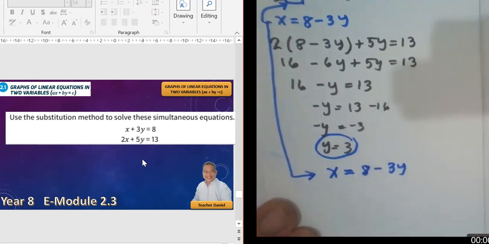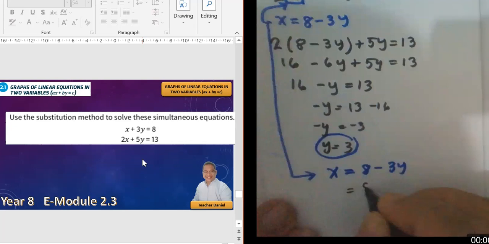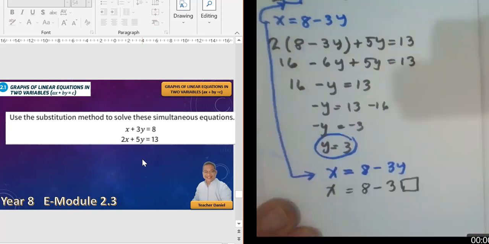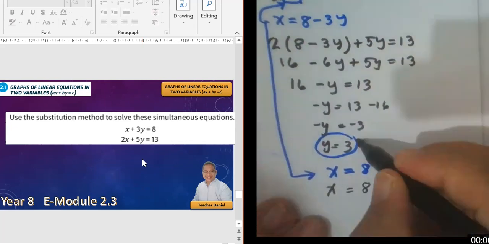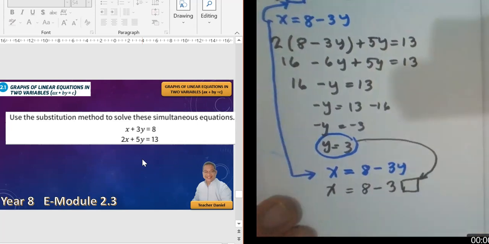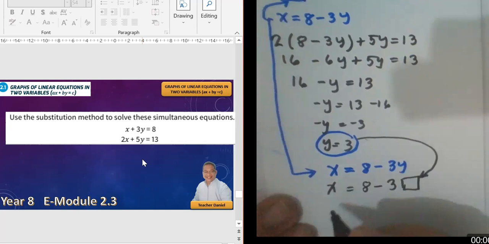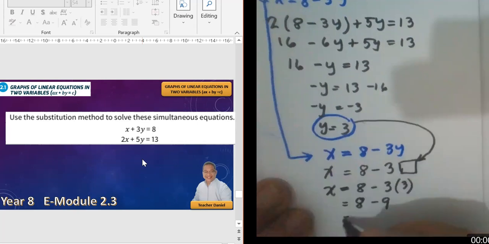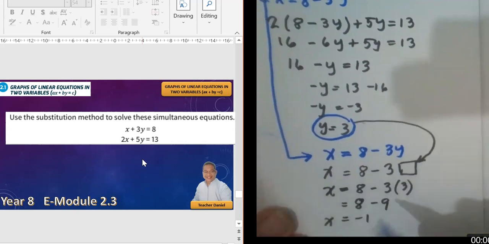You think of this as an empty box again, and this time you plug in y equals 3 into that empty box. So x now is equal to 8 minus 3 times 3, which is equal to 8 minus 9, which is equal to minus 1. So that is now your x.